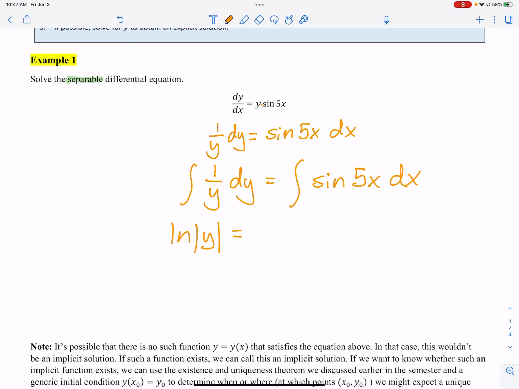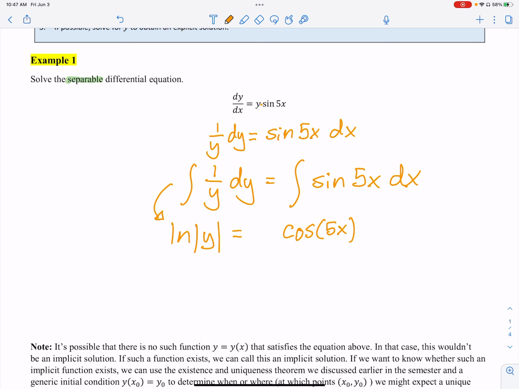Then I get, okay, the integral of 1 over y. This thing comes up a whole lot, so make sure you do know that. The integral of 1 over anything is ln of anything. Sine, I like to write down, I know it's a cosine of 5x, and then I work from here. The derivative of cosine is negative sine, so I need to make sure that's a negative, that way it makes a positive.